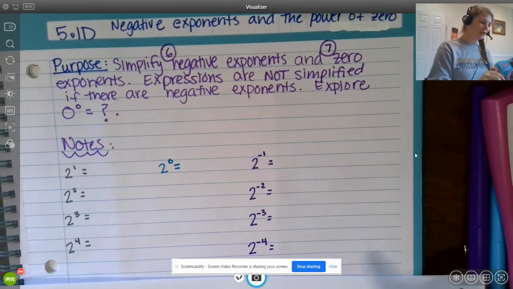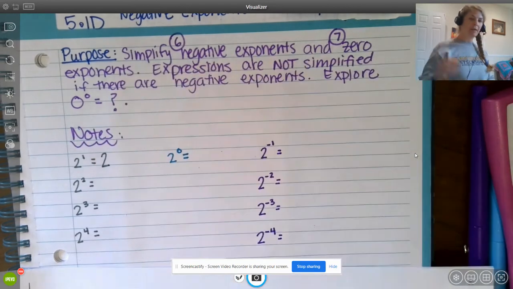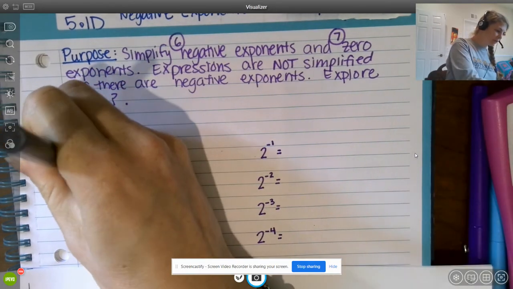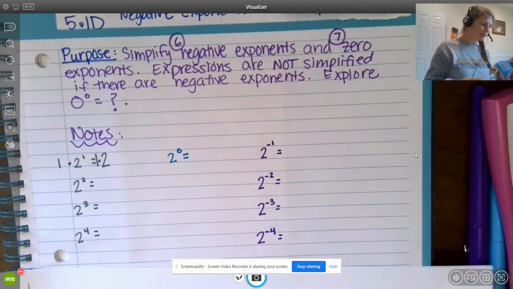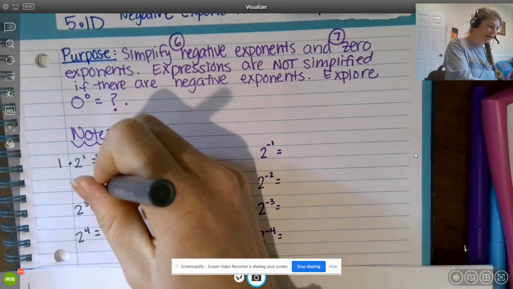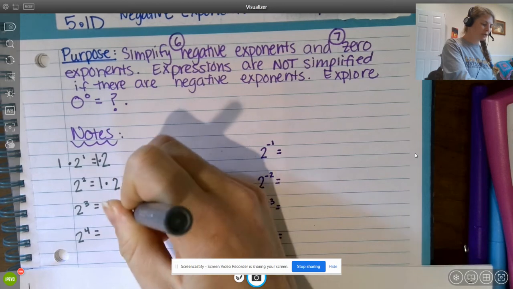Taking a look, you know that 2 to the first power is 2. Look up high. The exponent is how many times you multiply the base times itself, but it's also still always times 1. So you can think about this as 1 times 2 to the first. 2 to the second you think about as 1 times 2 times 2. 2 to the third, 1 times 2 times 2 times 2.